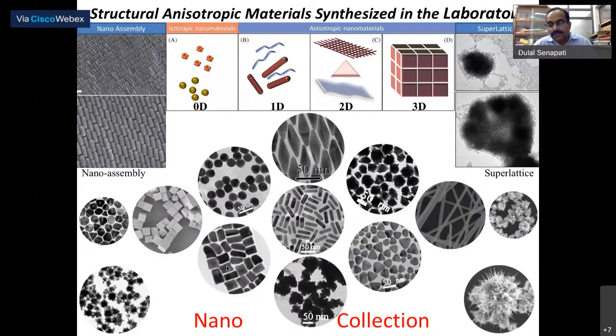Because we know now that the properties of the material heavily depend on the shape. So some specific shapes actually show very different properties. So in search of those properties, people are making different structures now.